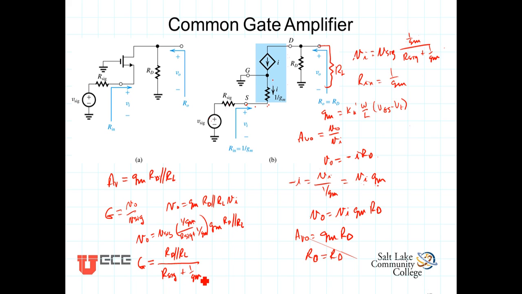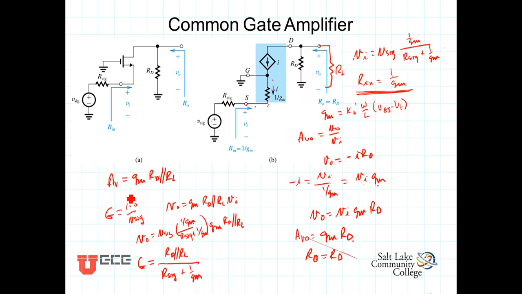This is kind of a mess. Let's just go back and recap it. We found that R_in for the common gate amplifier is 1 over g_m and is relatively small. We found that R_out was equal to R_D and relatively large. We found that the open circuit gain was just g_m times R_D.